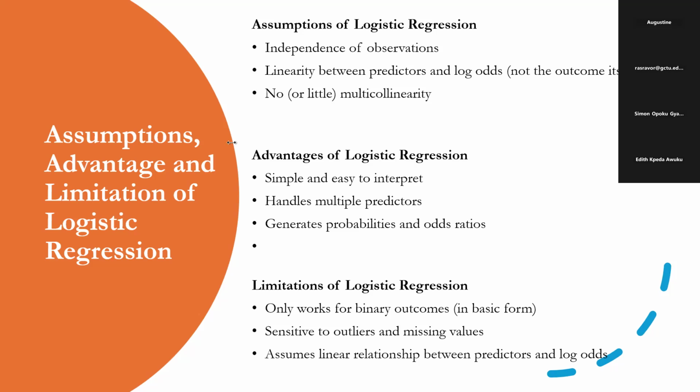It handles multiple predictors. It generates probability and odds ratios. What is the limitation? It only works for binary outcomes, and it is very sensitive when you have an outlier.